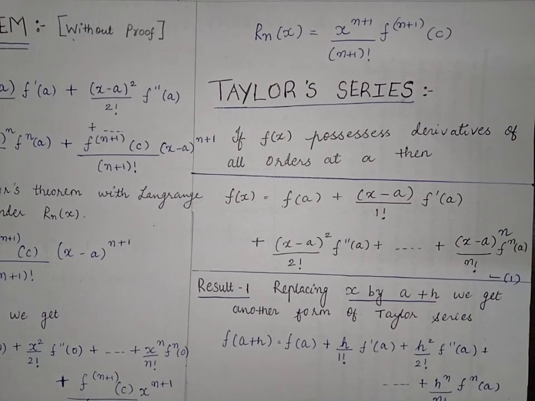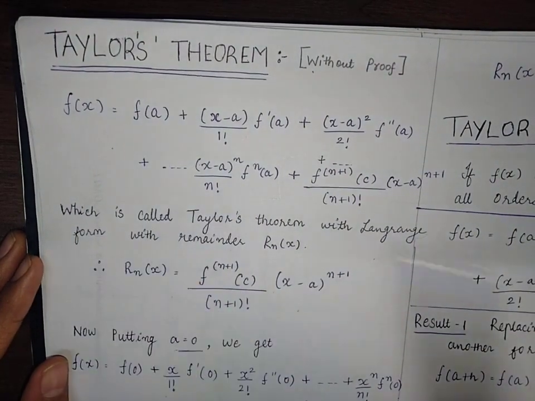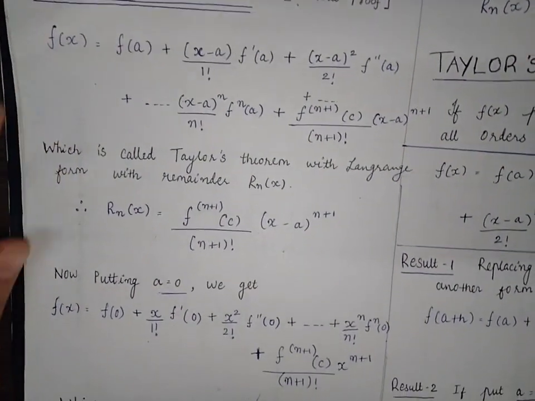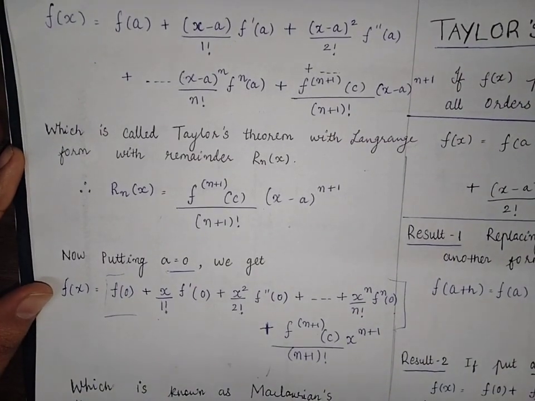In the theorem we showed the remainder term, but whenever we solve examples, the Taylor series will be used, and at that time you don't have to write the remainder term, okay. Only the terms up to here will come in the Taylor series, and similarly in the Maclaurin series only these terms will come, okay.